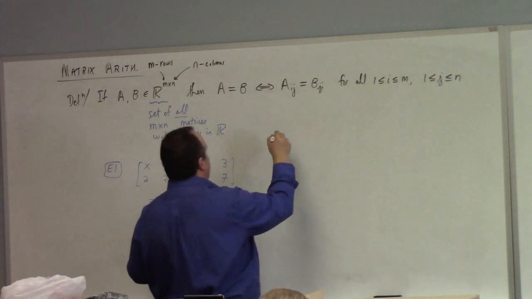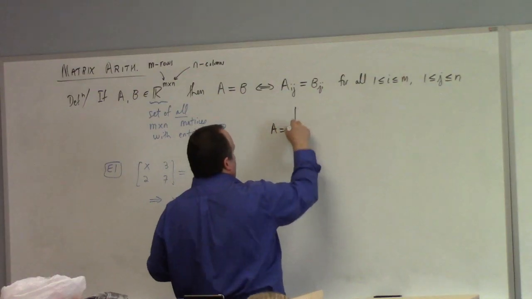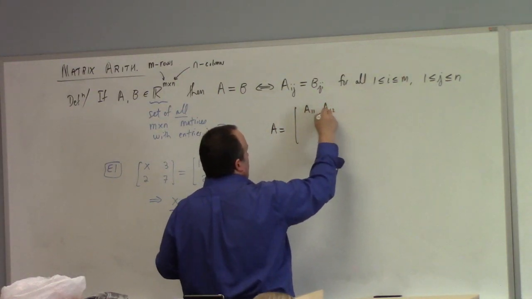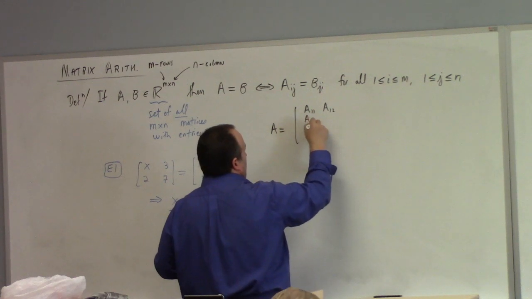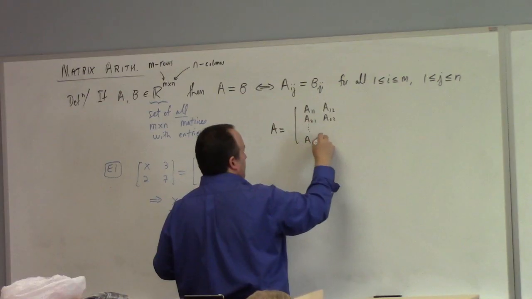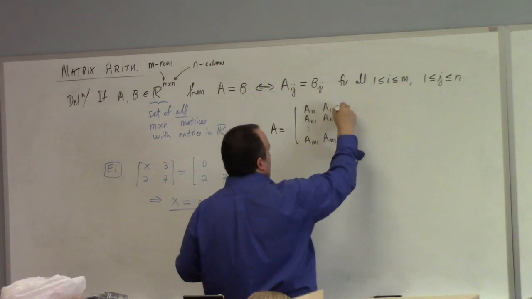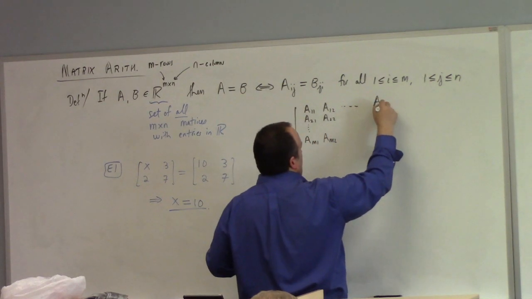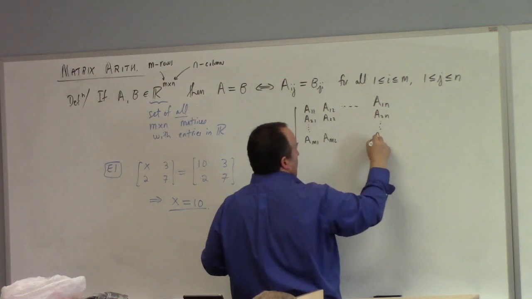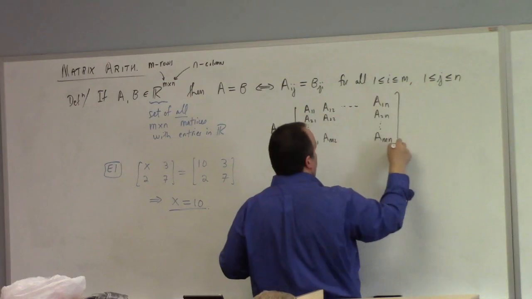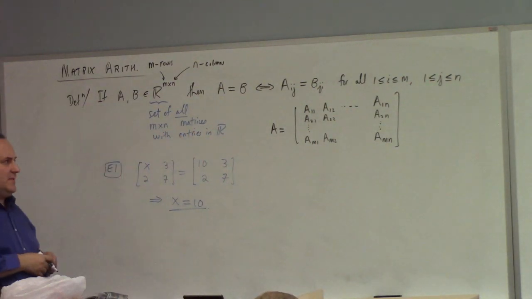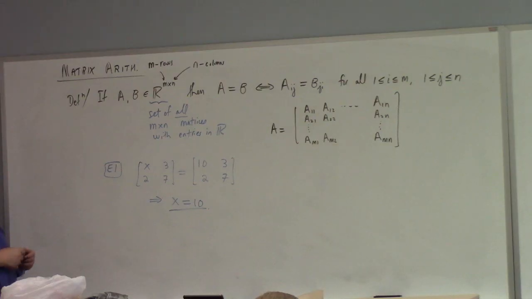So if I write A equals, say, A11, A12, A21, A22, and so forth and so on, all the way until I get to Am1, Am2, A1n, A2n, Amn. So this is the matrix, right? I can look at different things in this matrix.